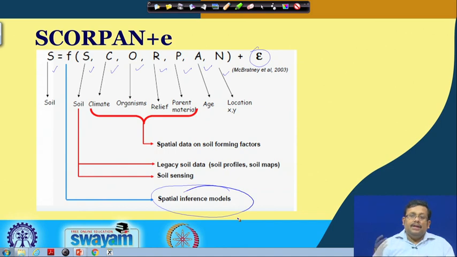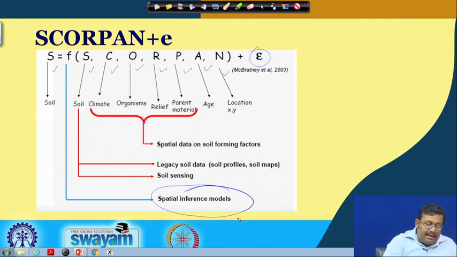For example, in India, this legacy soil data is maintained by our national agency called the National Bureau of Soil Survey and Land Use Planning, or NBSS and LUP. NBSS and LUP compile and analyze the real soil samples and compile their data into digital format, and we call it legacy soil data, and the profile-wise data is available.